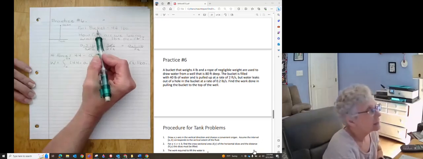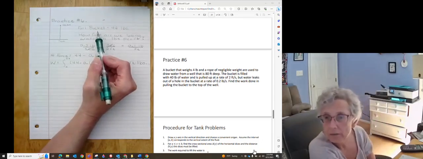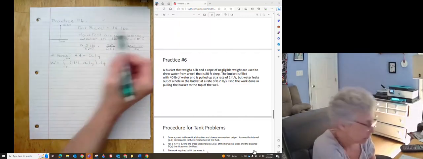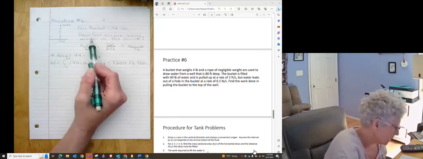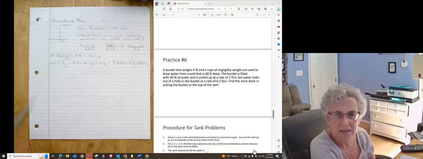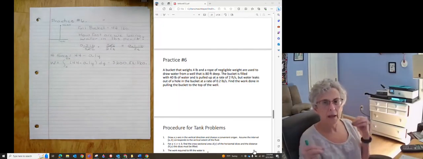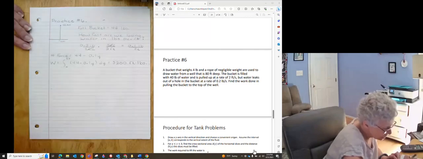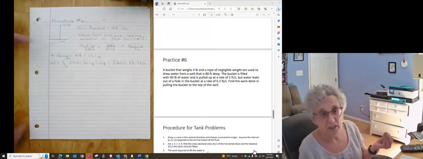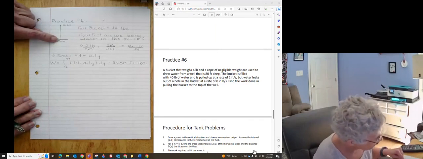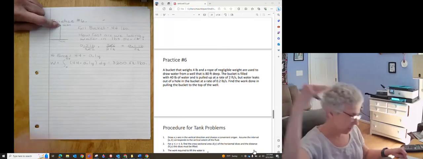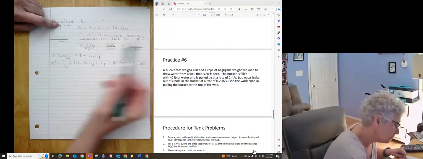So I added together the weight of the bucket and the weight of the water, 44 pounds. Then I needed to know how fast I was losing water in pounds per foot, because this representation I have here is feet. So I'm putting the origin at the bottom of the well and the top of the well 80 feet above the bottom.